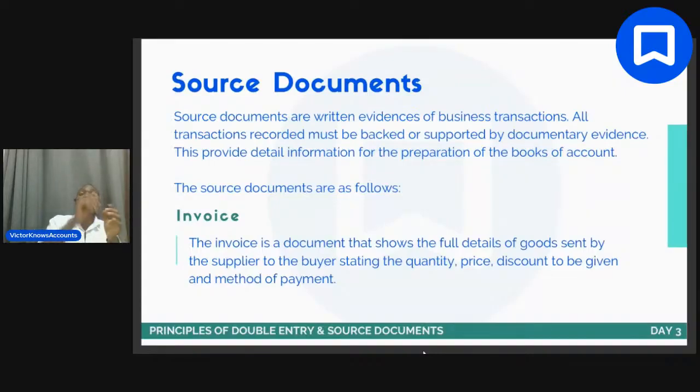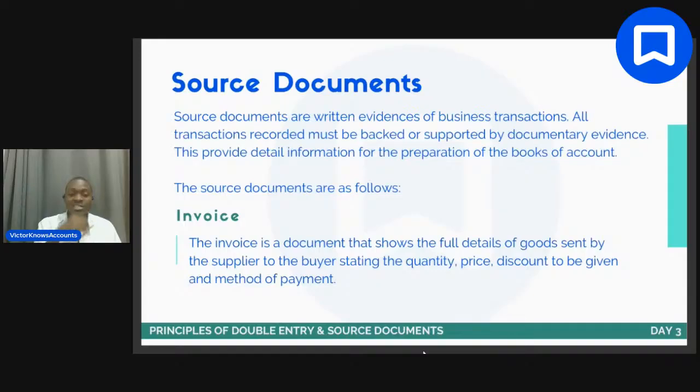For example, the invoice is going to show that 50 bags of rice were sold. It is going to show at what price. It is also going to show if any discount was given and the method of payment, that is, if payment is to be made. Now, if payment is not made currently, then you have to state that the transaction was made on credit.